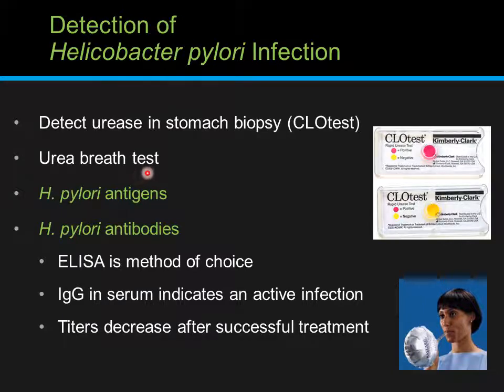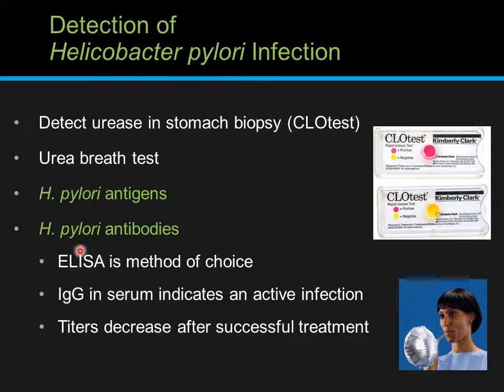Well, when we went a little further, we figured out that because of the urease produced by these individuals, we could actually test their breath. They were exhaling it. And so that was certainly an improvement over having to have an endoscopy. And of course, the breath tests don't come to the lab either, so you kind of take the lab out of the formula.